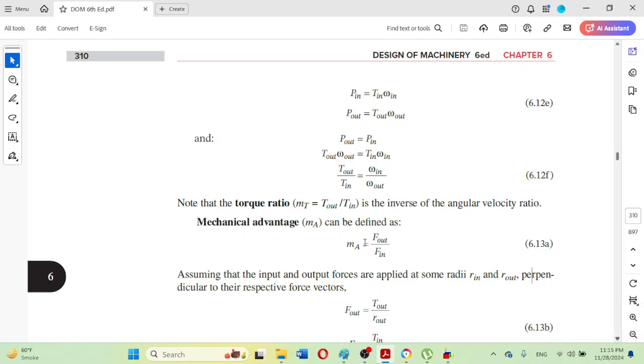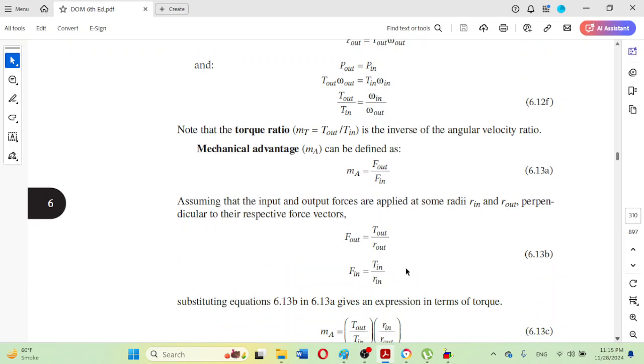So here it states that the mechanical advantage can be defined as MA is equal to F out divided by F in, meaning the output force divided by the input force. So this is the definition of the mechanical advantage. So here it says that assuming that input and output forces are applied at some radii R in and R out perpendicular, meaning these are the effective radii where the input and output forces are applied.